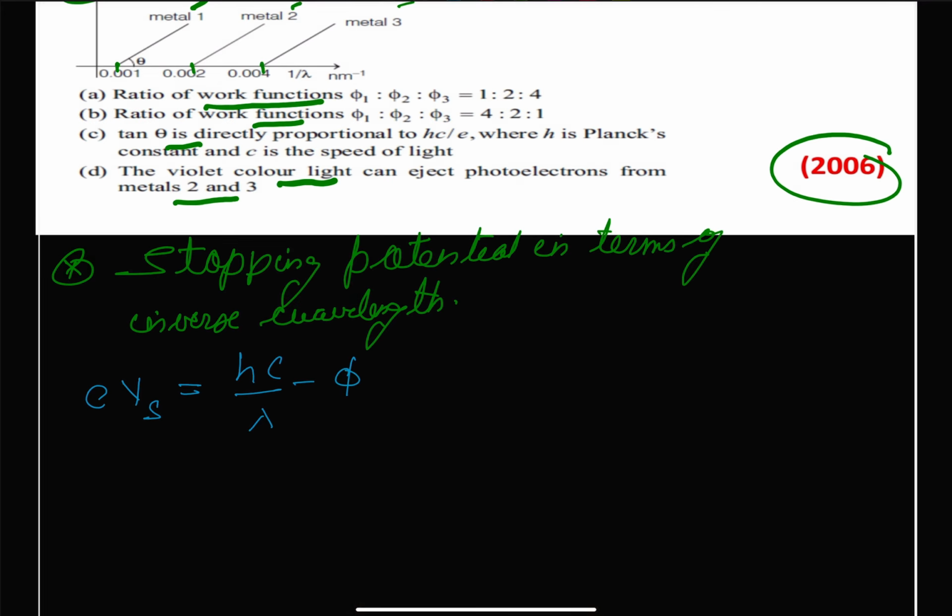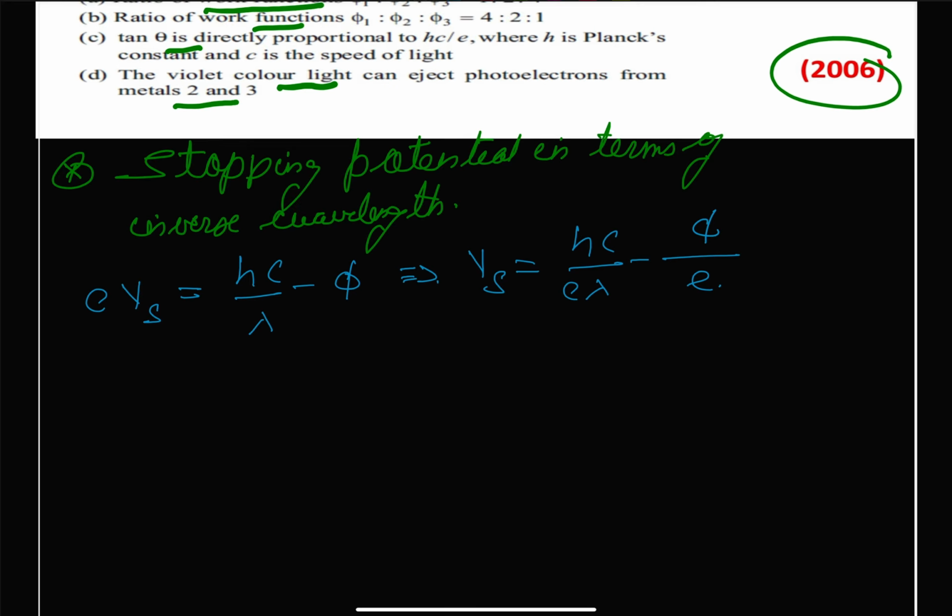And from here we can say our stopping potential Vs is equal to hc upon E times lambda minus phi upon E. And this equation is in the standard form of a line equation, y is equal to mx plus c.